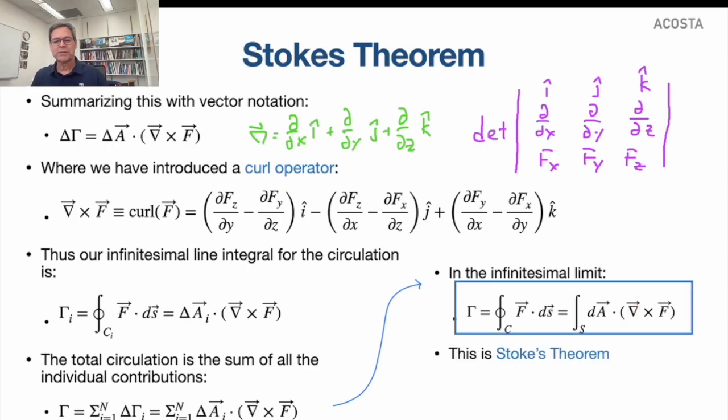So what Stokes' theorem has done is transform a line integral of a vector function along a closed path into the surface integral of the curl of that vector function over the whole surface. That will be very useful when we work out in the laws of electromagnetism how to go from the integral form of those equations to the differential form.